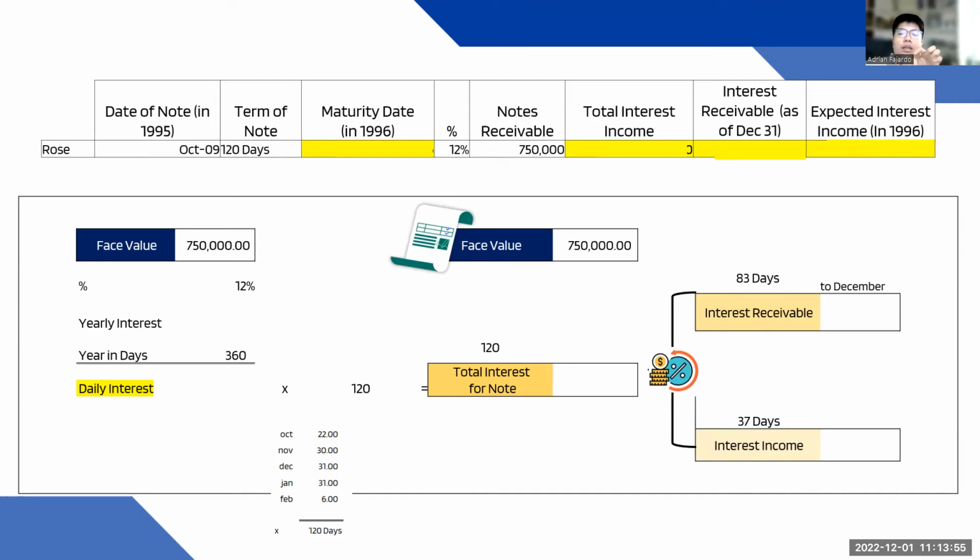So October is 31, November is 30, December is 31. So 31, 30, 31 yung October, right? So now, we just basically do 31 minus 9 is 22, and then you just solve. And then you know that the maturity date would be February 6, right? That's 120 days.